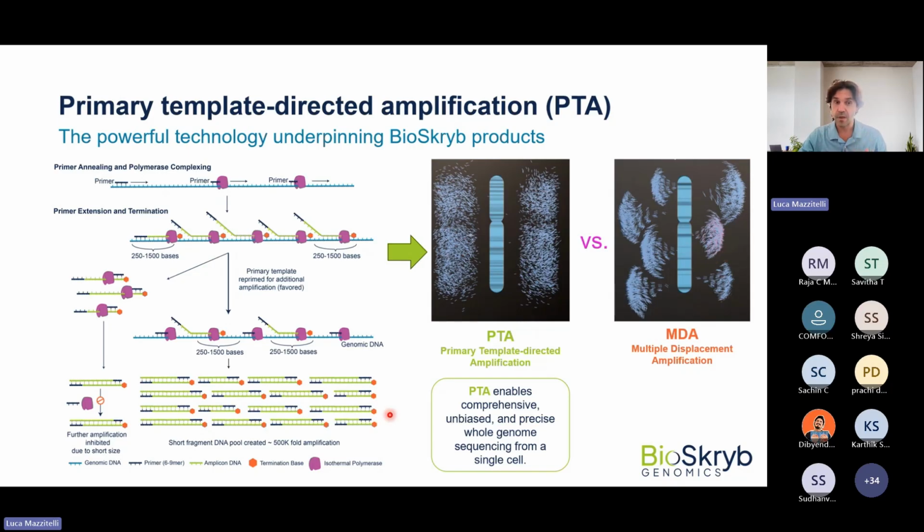Also, because we are not reamplifying those fragments that we see here, the likelihood of amplifying an artifact, an error, is really reduced. And this helps the researcher to also reduce the sequencing depth when they are going to perform whole genome sequencing.